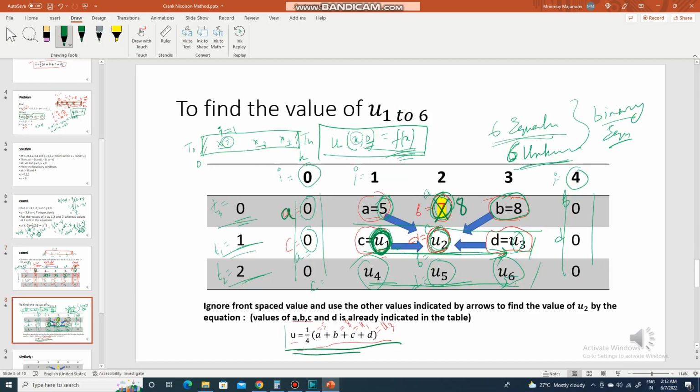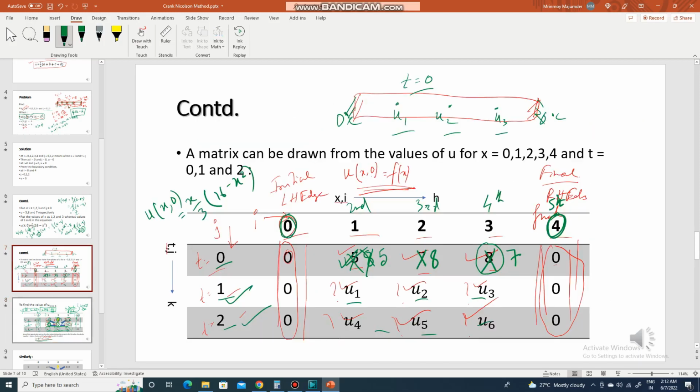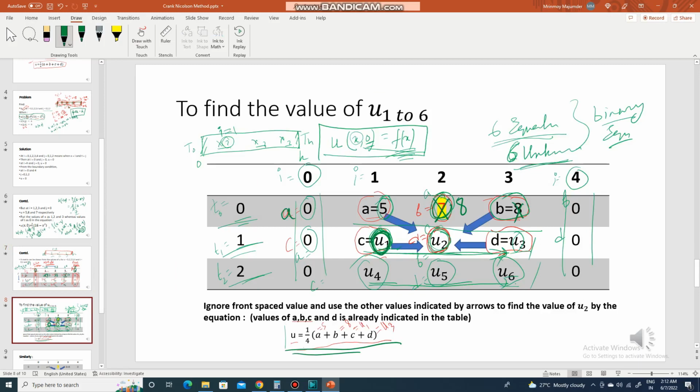This is actually 8, and this is 7, and this is 5 as it is. So this is u1. So this will be your a, as I have described earlier in the earlier presentation. This 8 will be b. Then you come here, c will be 0, and d will be u2.